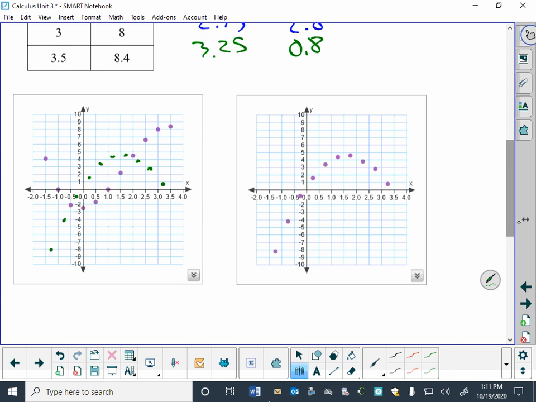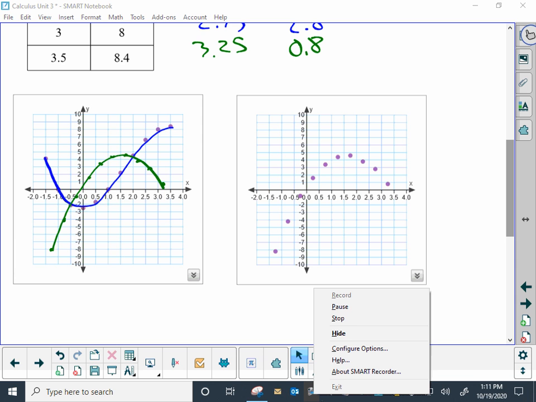So you can see the original function, we kind of have a sense of it doing this kind of thing, and the derivative as we have approximated it doing this kind of thing. So that's how we can approximate values of derivative from a table using average rates of change to approximate our instantaneous rates of change.